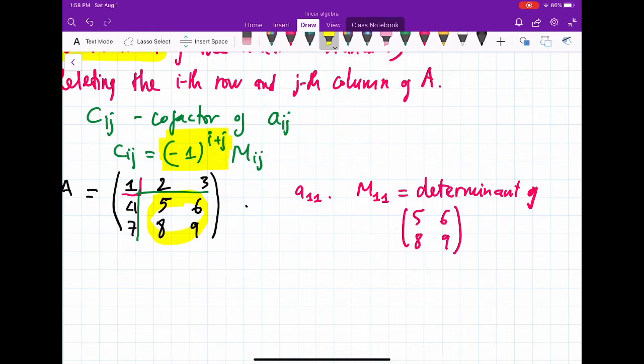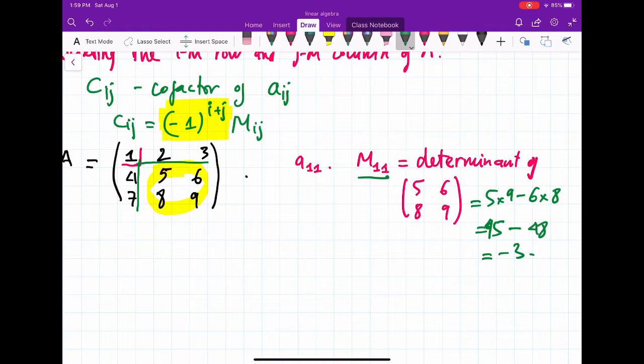And you calculate this determinant, you get 5 times 9 minus 6 times 8. 5 times 9 is 45, and then minus 48, which is -3. You see? So you have M11. Similarly, you can find Mij for any i, j.